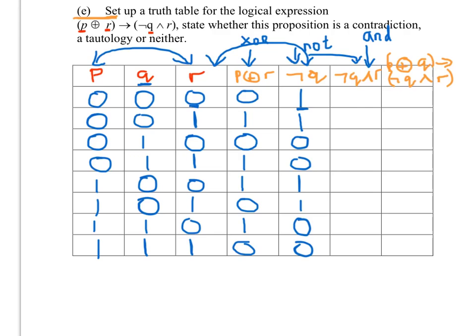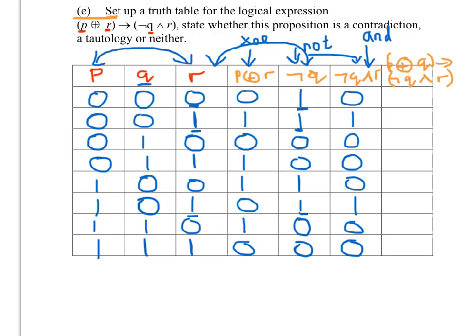Here I've got a 0, 1, so it's false. So AND is only true for a 1, 1 input, and here I have a 1 and a 1, so this is true. 0, 0, false, 1, 0, false, 0, 1, false, 1, 1 again. Here's a 1, 1 input, so it's true. 0, 0, false, 1, 0, false.